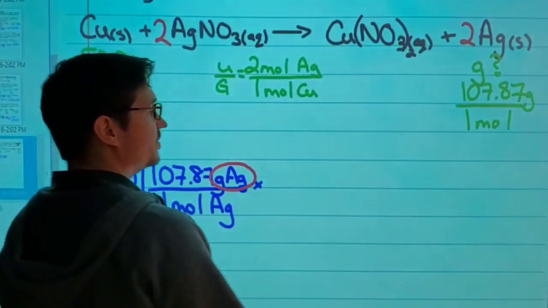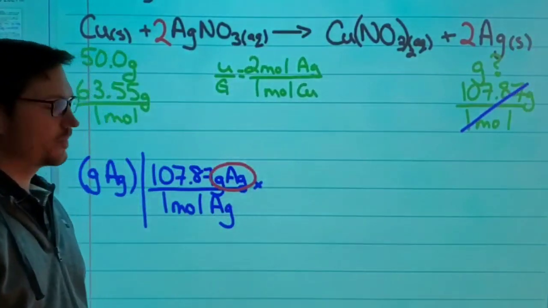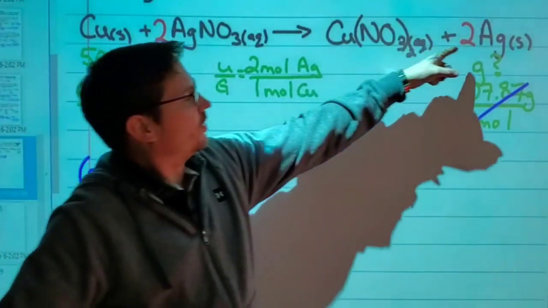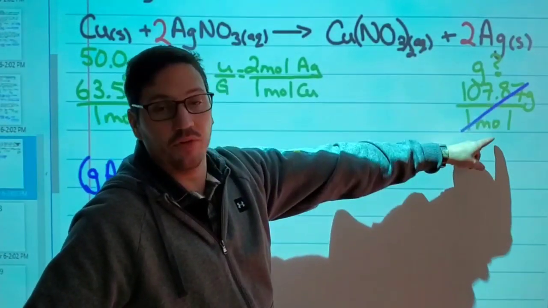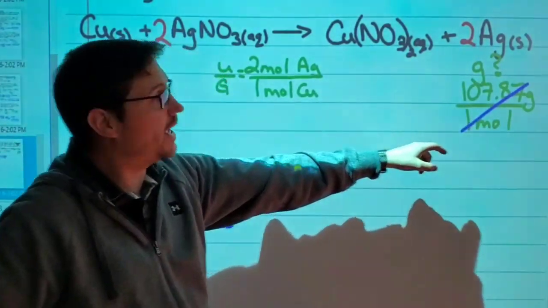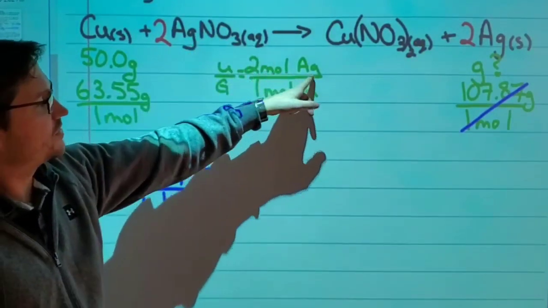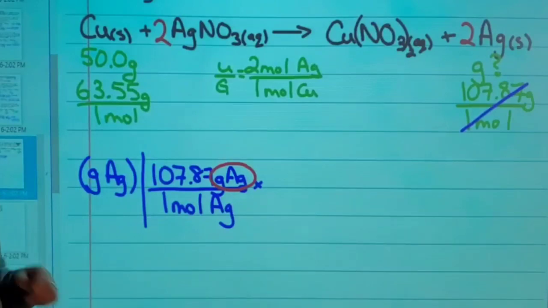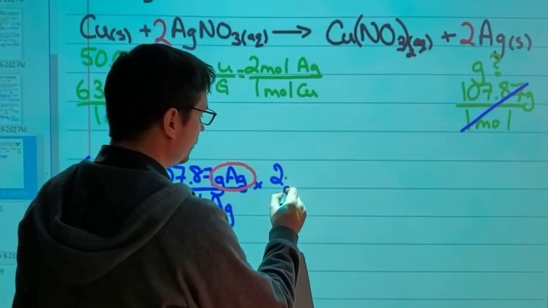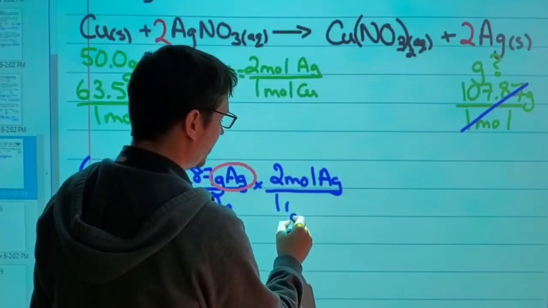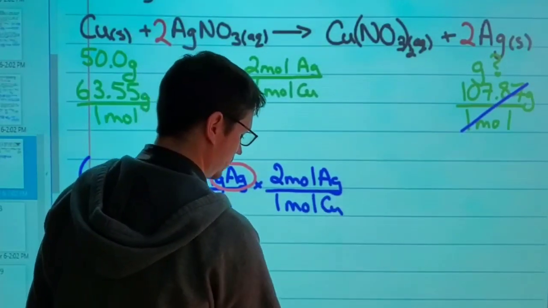So I'm done with that. I need moles of silver somewhere. So look under silver, don't see moles of silver again because we've already used molar mass. Oh, yeah, sorry. 2 moles of silver for the molar ratio. So 2 moles of silver for every 1 mole of copper.